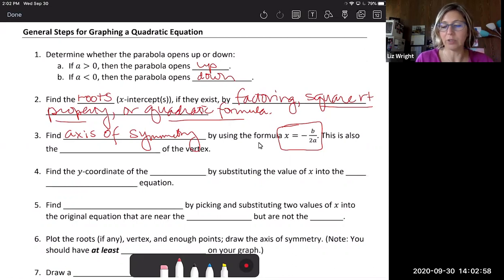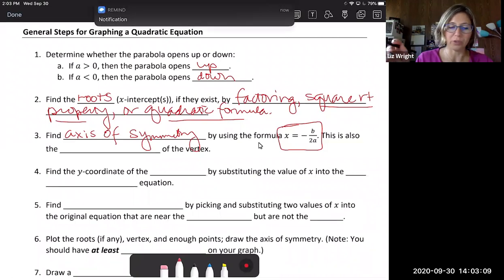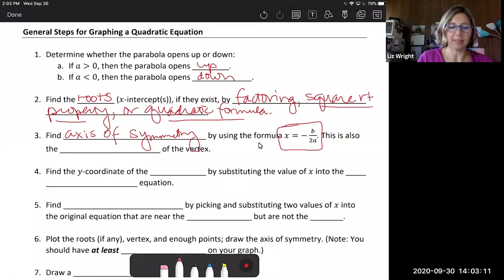Our axis of symmetry is going to take the coefficient of your x term, which is b, put it over 2a. A is the coefficient of your x squared term, and it's going to be negative. So this is also going to be the x value of your vertex, right?